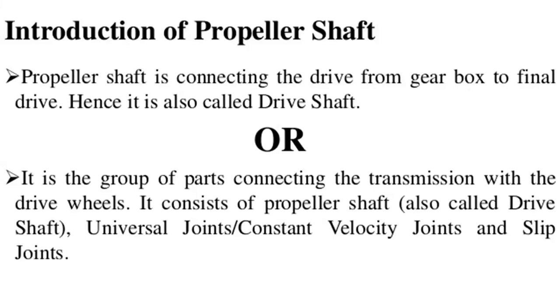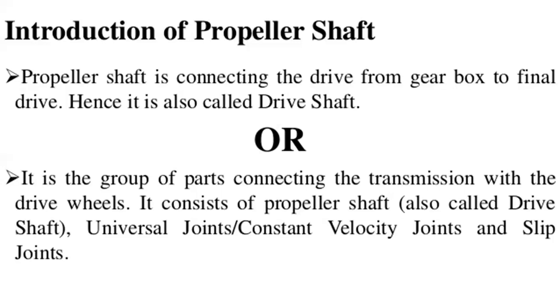It is the group of parts connecting the transmission with the drive wheels. Many different devices are connected through this propeller shaft, and the power should be transmitted from one position to another. The engine is placed at one place of the automobile vehicle.